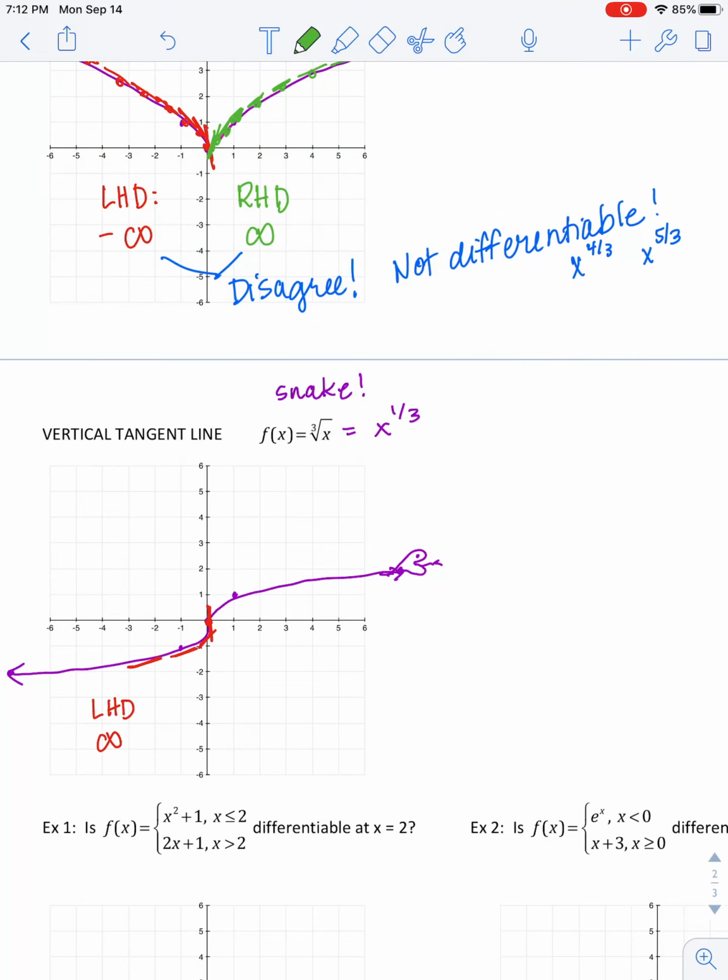Unlike a cusp, if I look at these tangent lines from the right-hand side, they also approach infinity. This is the first time we notice that these two actually agree. But as I said at the beginning, a vertical tangent line does have an undefined slope.